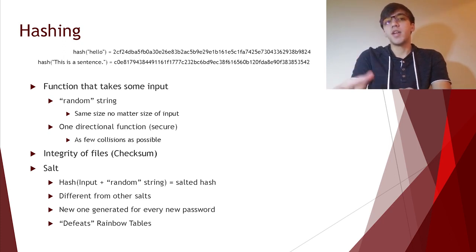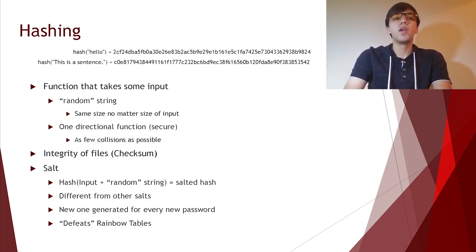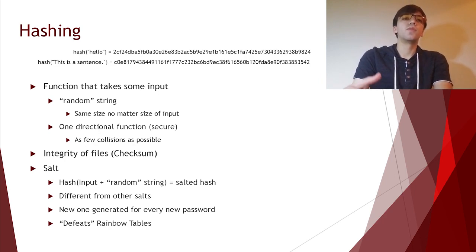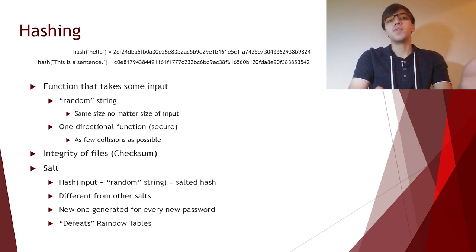This is kind of why hashing works as well as it does, because the size of the output doesn't really reveal anything. Hashing is basically just a function that takes some input and outputs a random string.